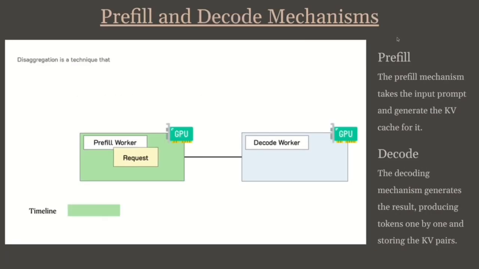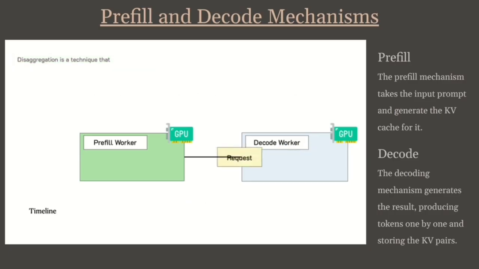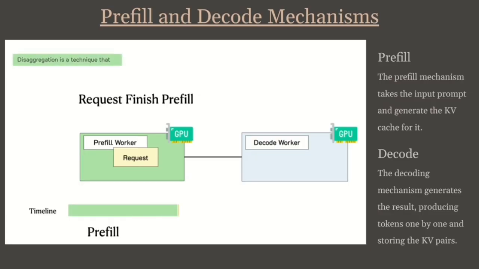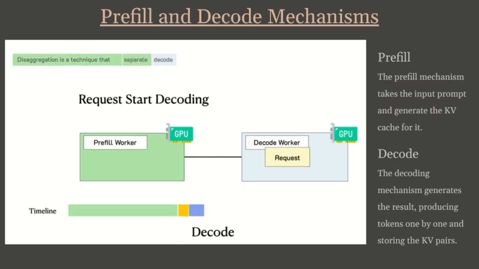Now let's talk about the prefill and decode mechanism. The prefill mechanism takes the input prompt and generates the KV cache for it. We'll talk about the KV cache in the next slide, so don't be worried about that. And the decode mechanism generates the result, producing tokens one by one and storing the KV pairs.